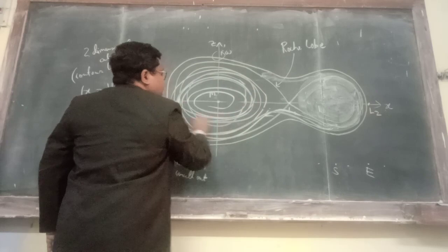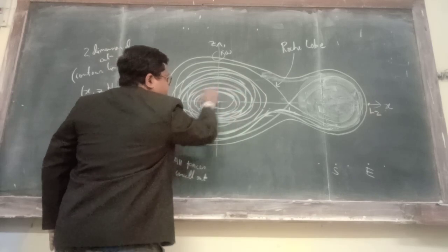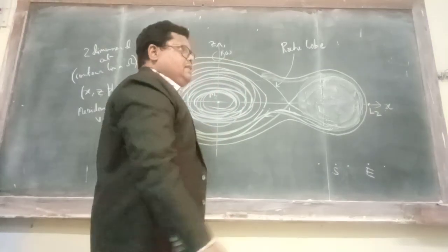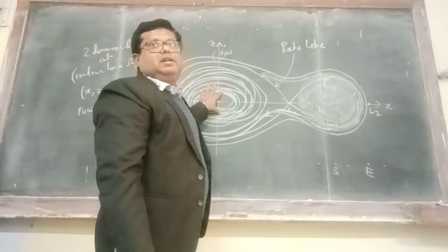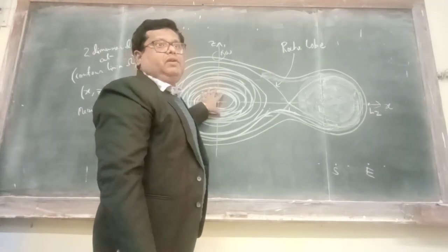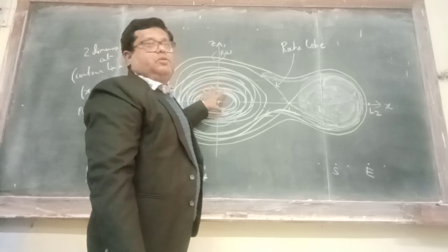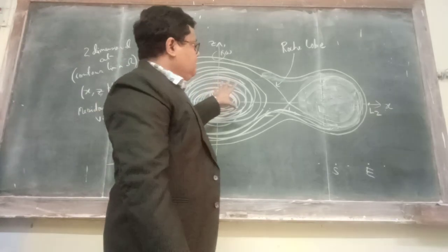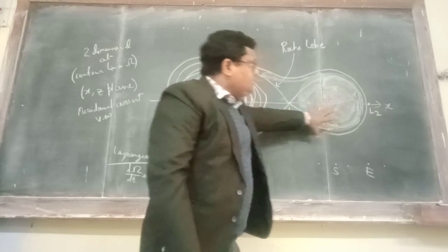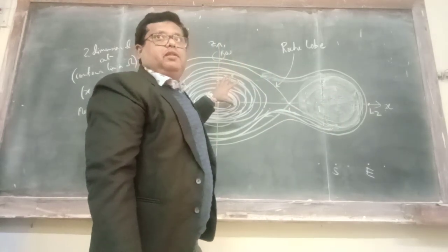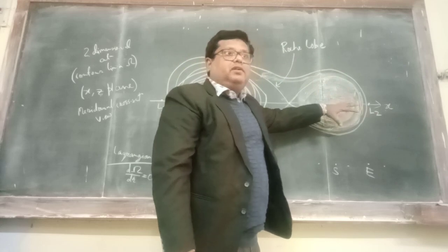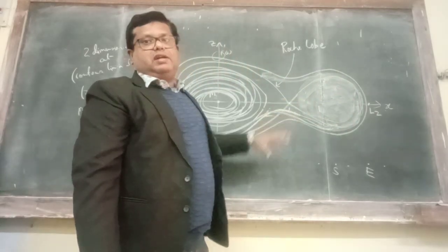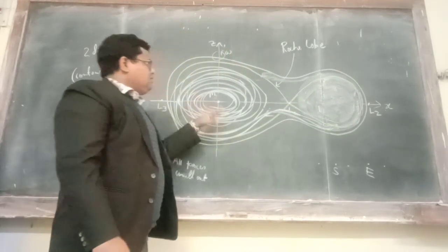Rotate and rotate and rotate, and as a result, an accretion disk will be formed around the star. And this is how accretion disks are formed. So this is the basic explanation of the formation of an accretion disk through mass transfer in a binary star system. This is very interesting.